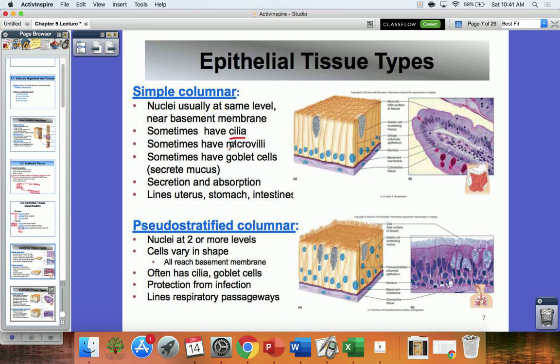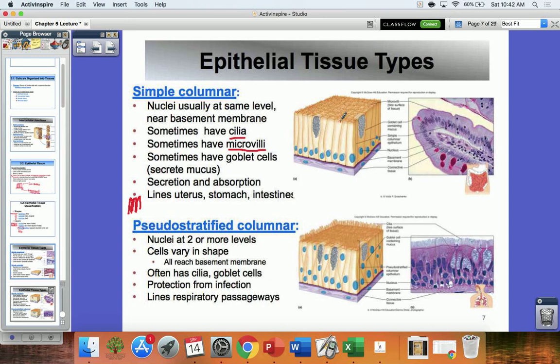They'll also have microvilli. Now, microvilli or villi will be something that you'll talk about whenever you get into the digestive system. They are responsible for increasing surface area so that things can absorb easily, because it's a lot more surface area. Microvilli kind of looks like cilia. It's just these projections that come from the cell.